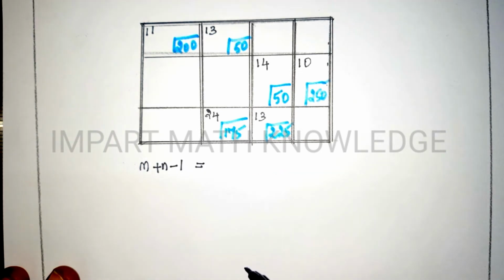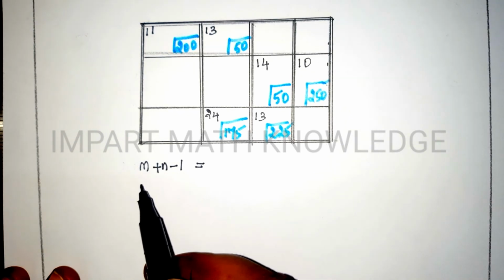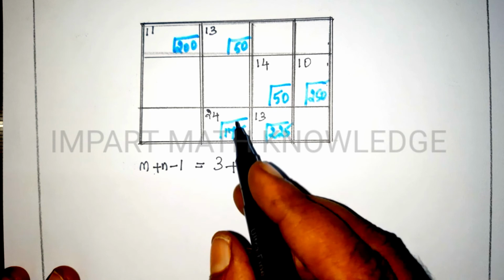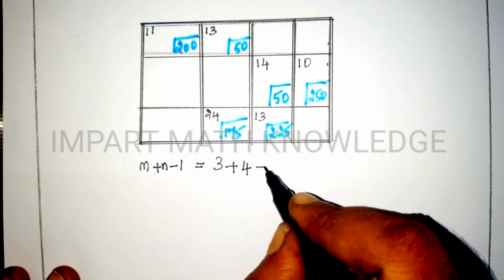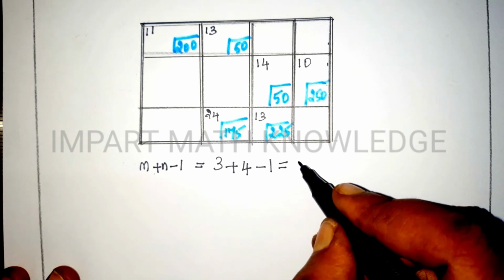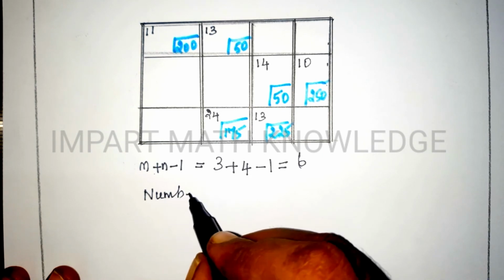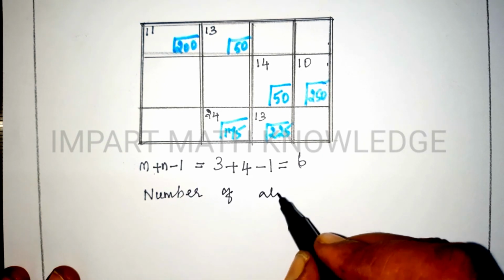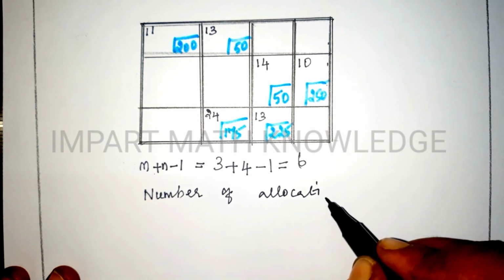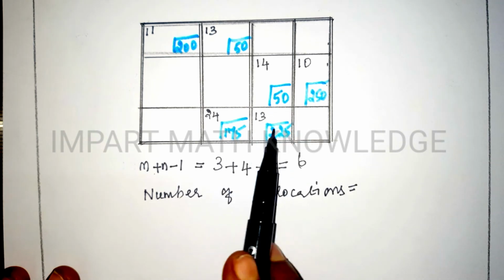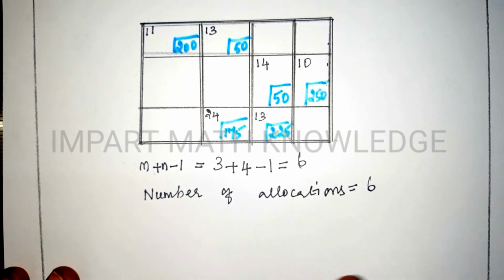Once you find all the allocations, you have to check whether m plus n minus 1 is equal to the number of allocations or not. Here m is the number of rows, 3 rows, n is the number of columns, 4 columns, minus 1. This is equal to 6. Here the number of allocations is 1, 2, 3, 4, 5, 6. Both are equal.